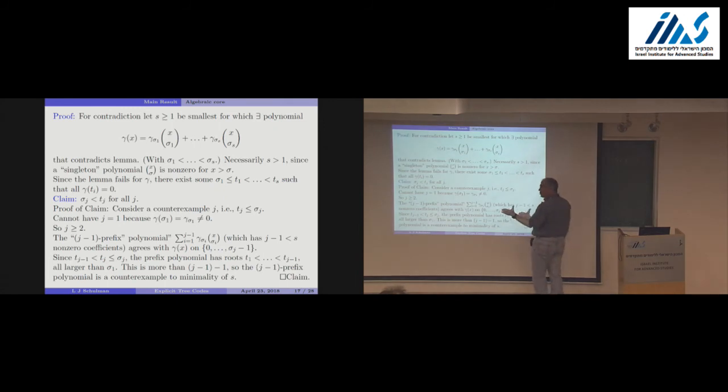So now let's look at the prefix polynomial that you would get if you just take j minus 1 non-zero terms. Okay, so this is some polynomial. Notice that j minus 1 is strictly less than s, so it has fewer non-zero coefficients. It's a smaller polynomial in our ordering here. It agrees with these gamma. Now we use this hereditariness. It agrees with the claimed polynomial over here on this segment, until it comes along a coefficient it didn't know about.